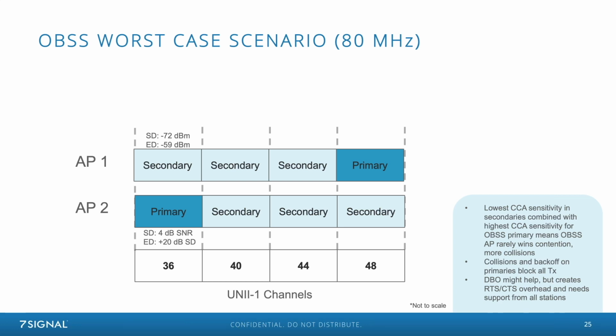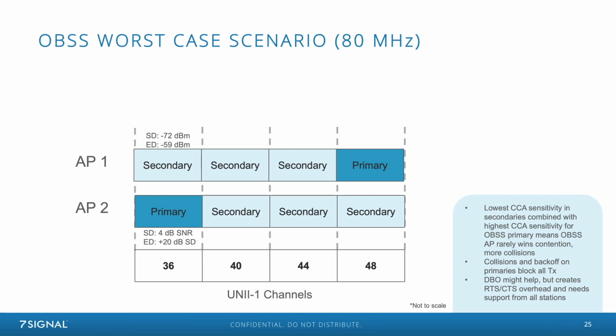But in the worst case scenario, with an 80 megahertz wide channel, you've got non-overlapping primary channels. And that's a little counterintuitive. You might think, oh, well, my primaries are super busy, I don't want to overlap them. But the reason it's the worst case scenario is, if we take the perspective of AP2, its primary channel is 36, and it's using its most sensitive CCA thresholds.